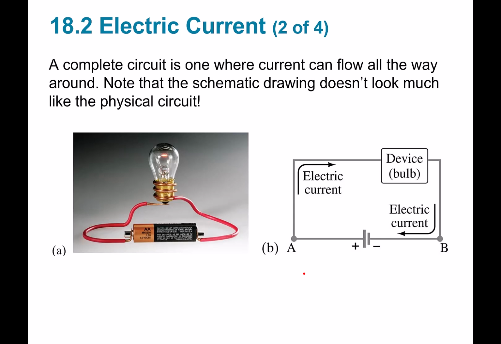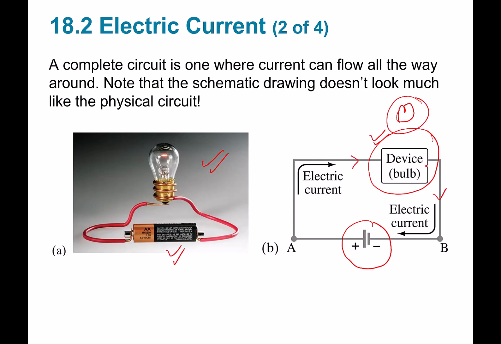So a complete circuit is one where current can flow all the way around. Note that you can do this in your daily life. Take a bulb and connect its two terminals to the battery. If you have a bulb, you'll see that it will glow. Of course, it has to be a very small bulb for one single AA battery. So the circuit representation of the setup is, for the battery we use a plus-minus symbol, and for the device, the bulb, normally a bulb is represented like this, and the direction of the electric current is shown with arrows.